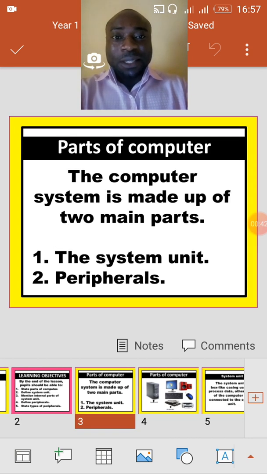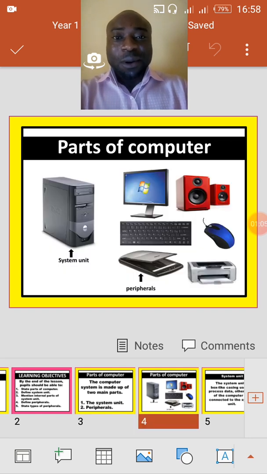The computer system, as you can see, is made up of two main parts. They are the system unit and the peripherals. Now I would like us to look at this picture so that you understand what we are talking about. As you can see on the board, these are parts of computer that are divided into two major parts.